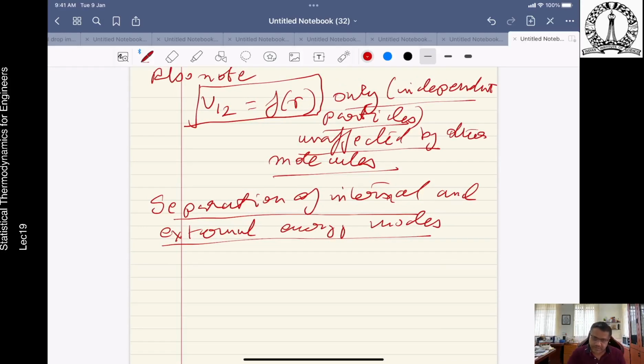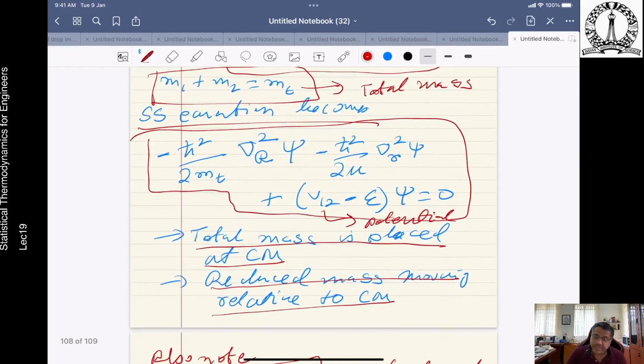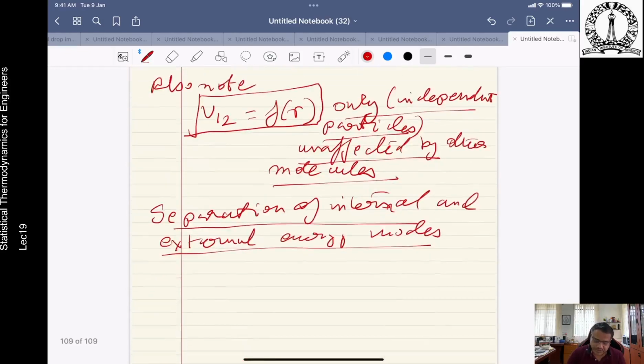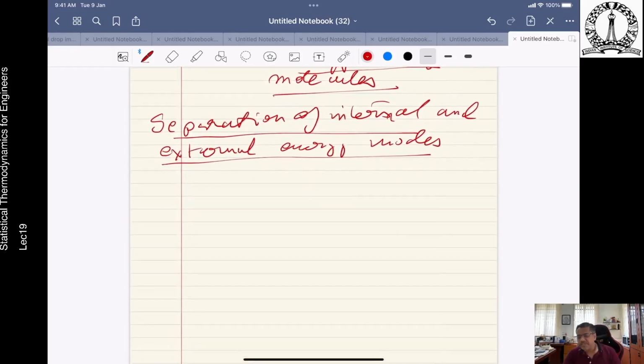That's why we did all this groundwork, and we also defined that V12 is only a function of r for independent particles, unaffected by the other molecules in the system. So in the next class, we will see how the separation of the internal and the external energy modes can happen using this form that we developed right here. That we will cover in the next class, which will be your lecture number 20.